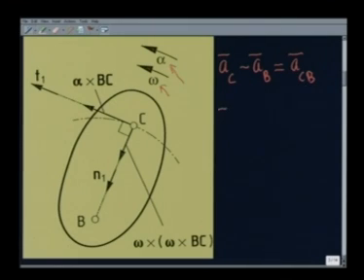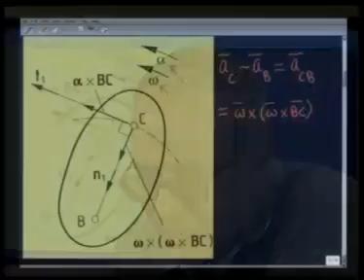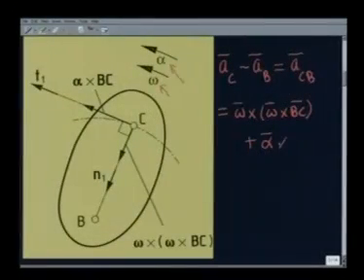That is given by a centripetal acceleration due to the circular motion, which is given by omega cross omega cross BC, and there is a tangential component along the vector T1, that is given by alpha cross BC.